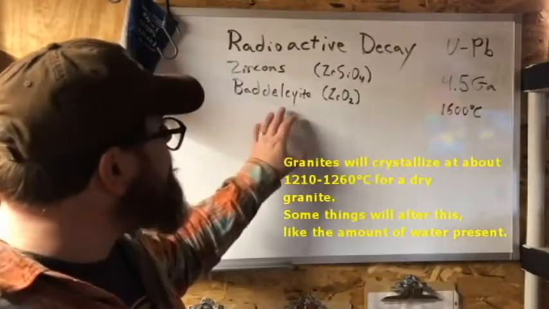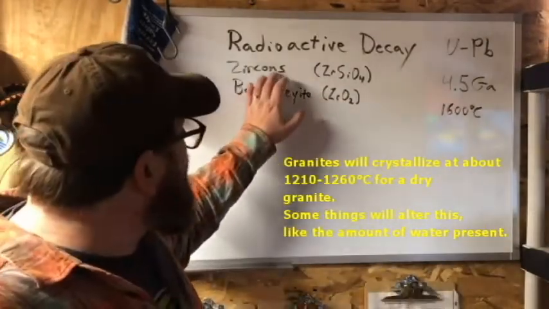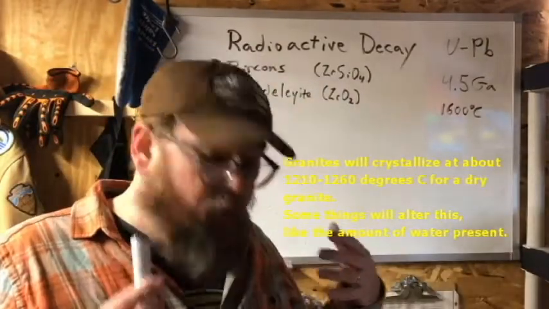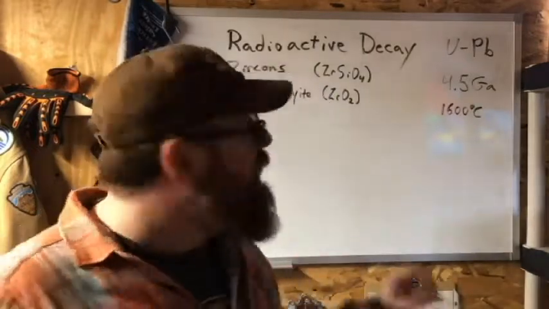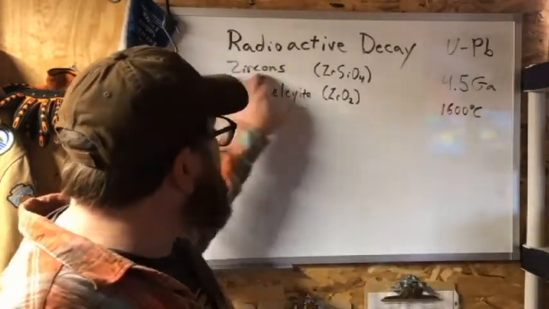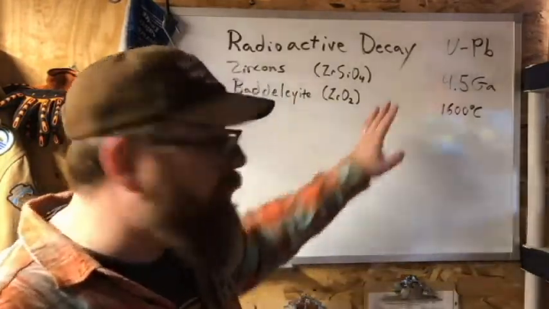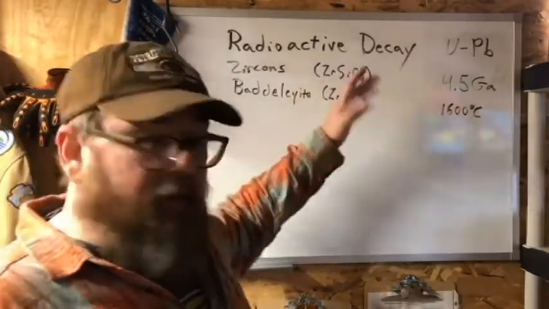So we don't really get baddeleyites in things like granites, but zircons can be incorporated into peridotites and things like that as phenocrysts, as foreign clasts. So that's why we date the baddeleyites when we date ultramafic rocks, because we know those formed from the melt, okay? But we also have zircons, which we use, like I said, for granitic rocks.